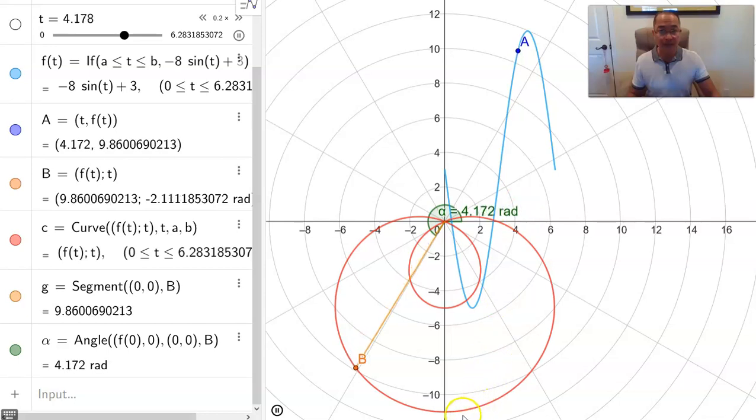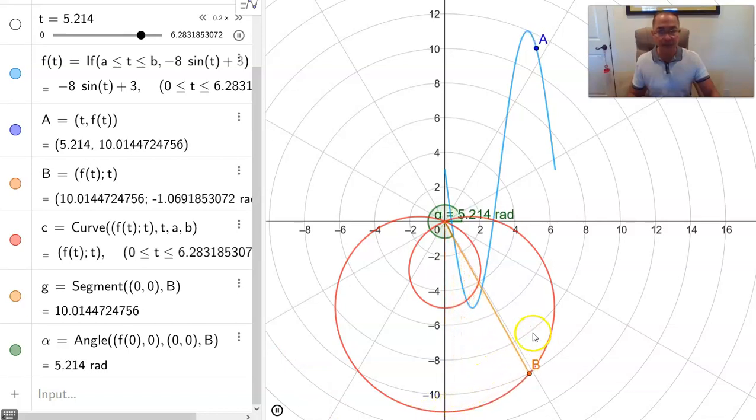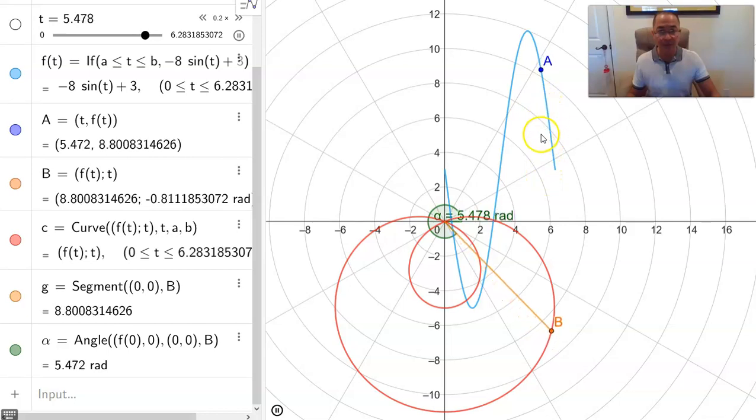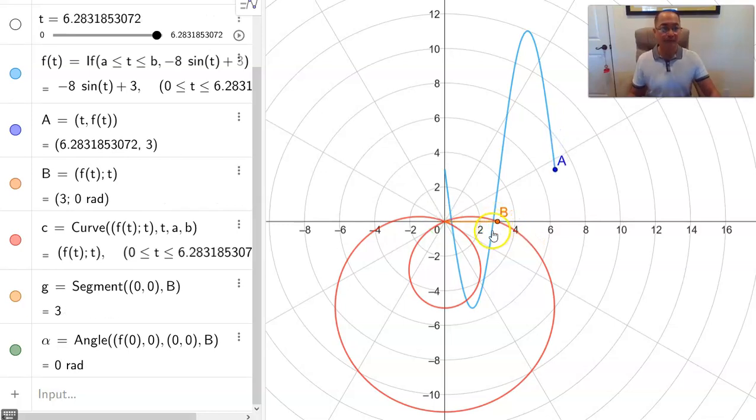And that will happen at 3 pi over 2, where we have a positive 10.89. And then it's going to go back to the starting point. Our r is getting smaller now as we get back to the x-axis where we stop, right there.